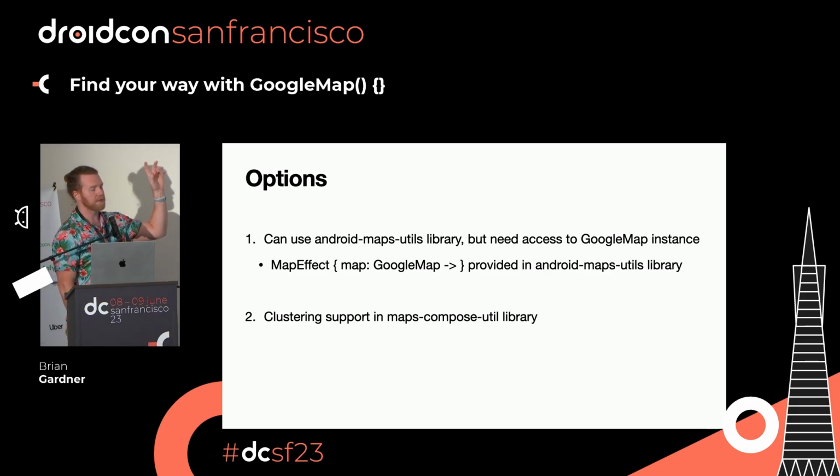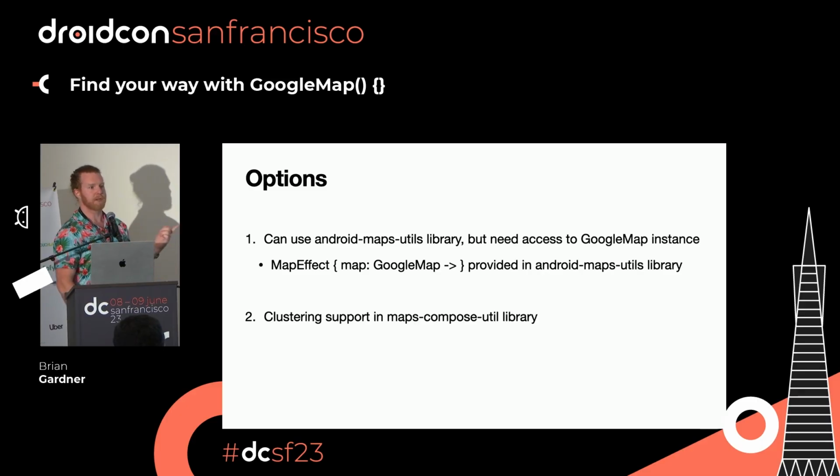So what they've done is there's a map effect that you can use inside of the Google Map composable, and when the map is ready, you can get a reference to it and then set up all of your clustering that way. Or clustering is now supported in the Maps Compose util library, so it's another dependency you have to add, and it is experimental at this point, but you can do it all in Compose now.